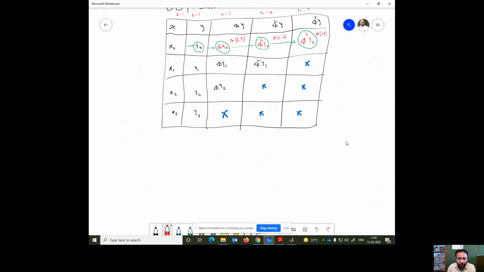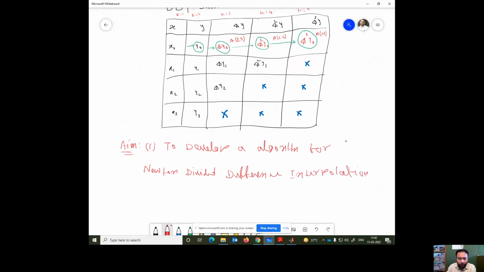We have two aims today. First aim is to develop an algorithm for the Newton divided difference interpolation formula.